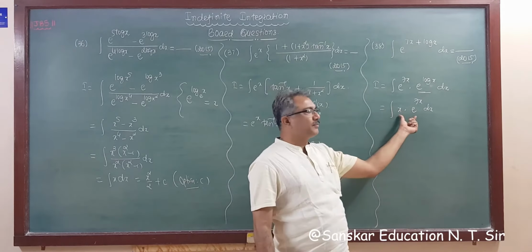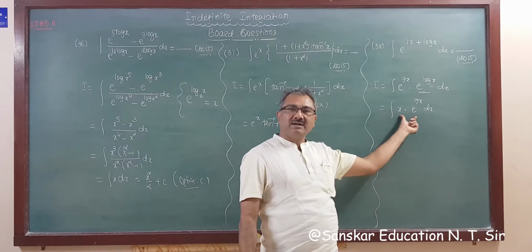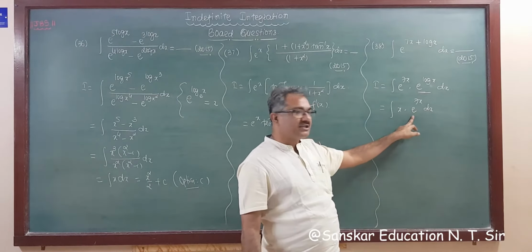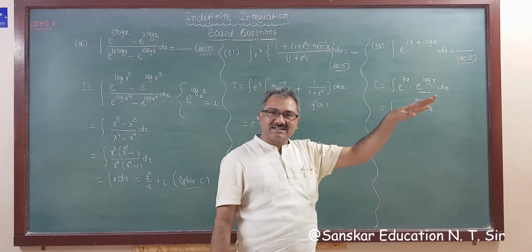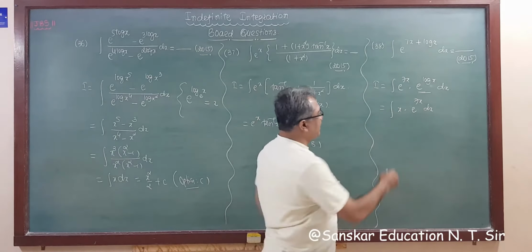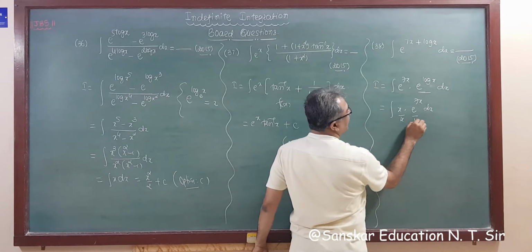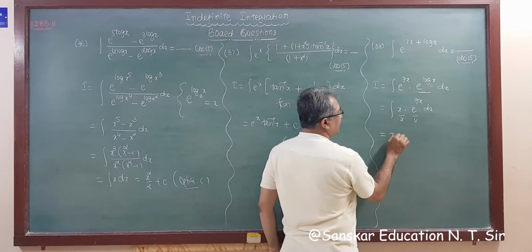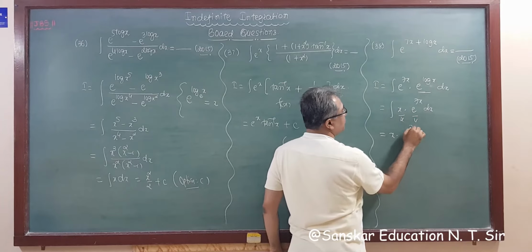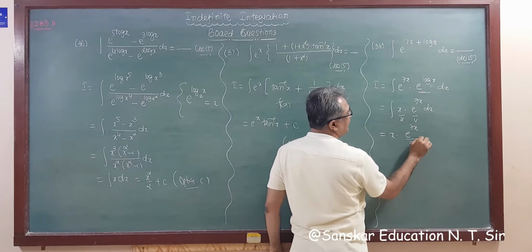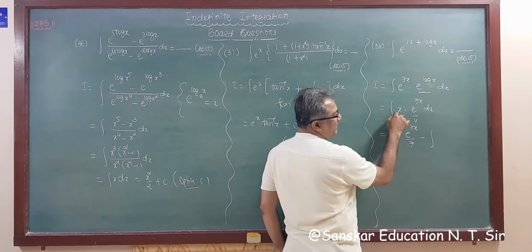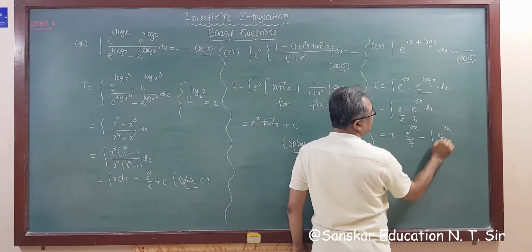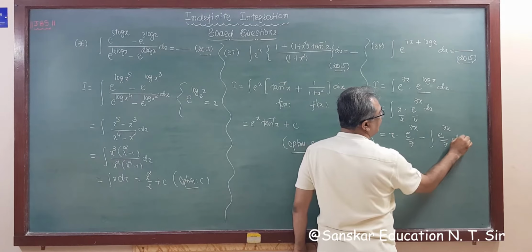Now this is a product of two functions, which means you have to apply the integration by parts rule, u into v, and this is an exponential function, so the exponential function comes last. So this is u and this is v. Applying the integration by parts rule, u as it is, integration of this is e raised to 7x divided by 7, minus integration of the derivative of x, which is 1, and integration of this, e raised to 7x by 7, dx.